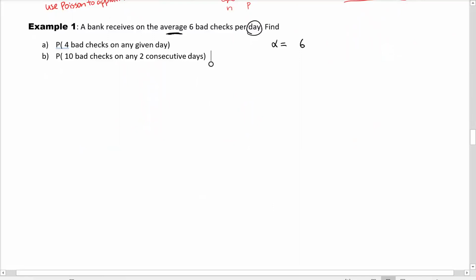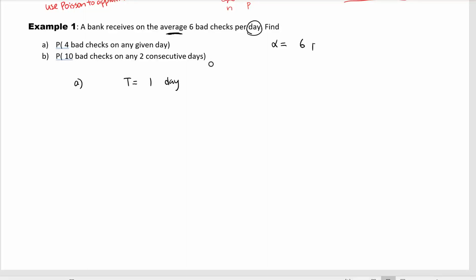All right. So part A: 4 bad checks on any given day. On any given day, that means what's the time? Any given day, that is 1 day. Right? So alpha is 6 per day. The unit is day.